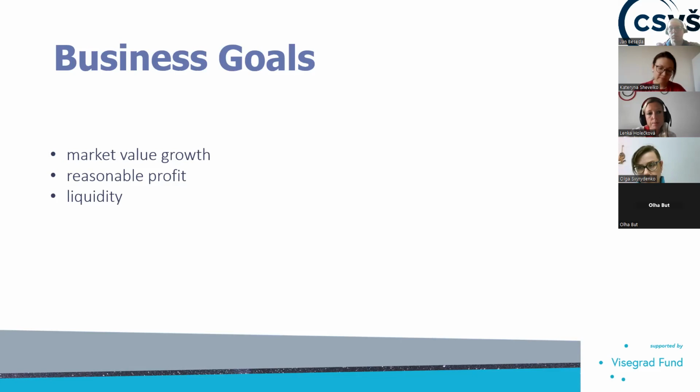Also, what is really important, a long-term goal, is market value growth, and also our liquidity. It's a so-called short-term goal, but we must be able to pay our liabilities each day. It's necessary to have enough cash to pay, for instance, our suppliers, etc. So to be liquid. So those are the main business goals, but we can have more goals.